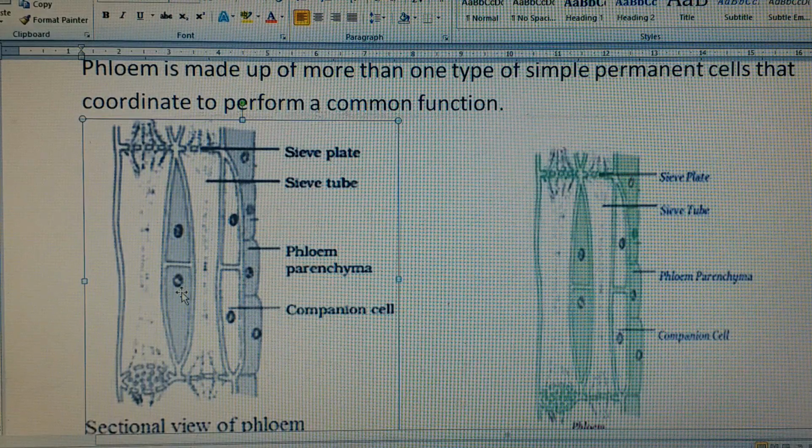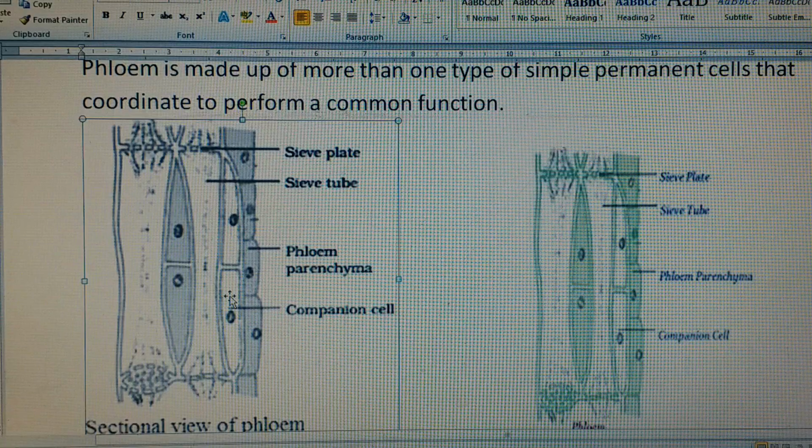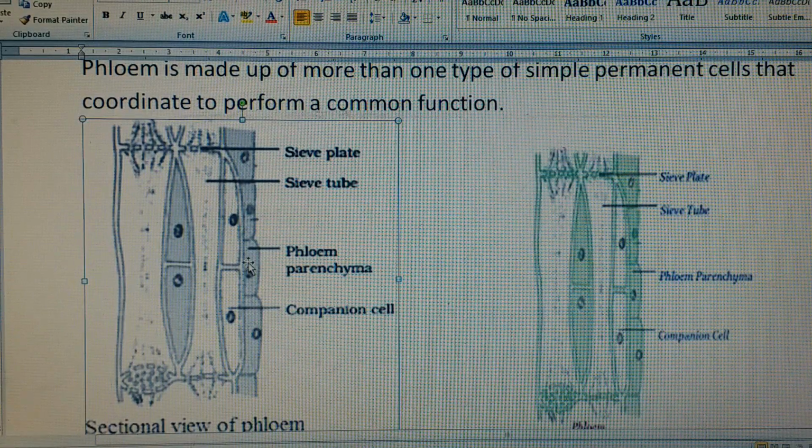And these are the cells known as companion cells. At the end, there are a few cells that look like living cells. These are phloem parenchyma.